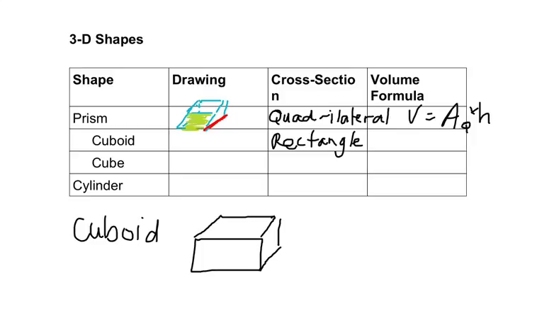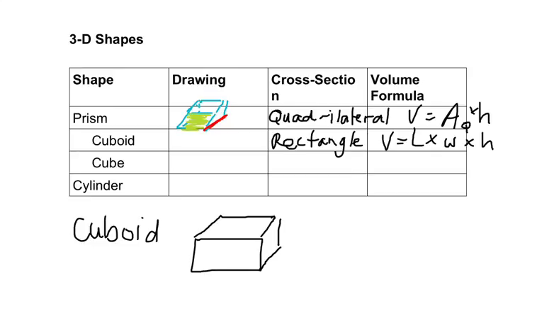It's a type of prism, that's why I have it indented over here. Its volume formula is area, and we know that the area of a rectangle is length times width, and then we call the distance to the back the height. So length times width times height, because area is length times width.